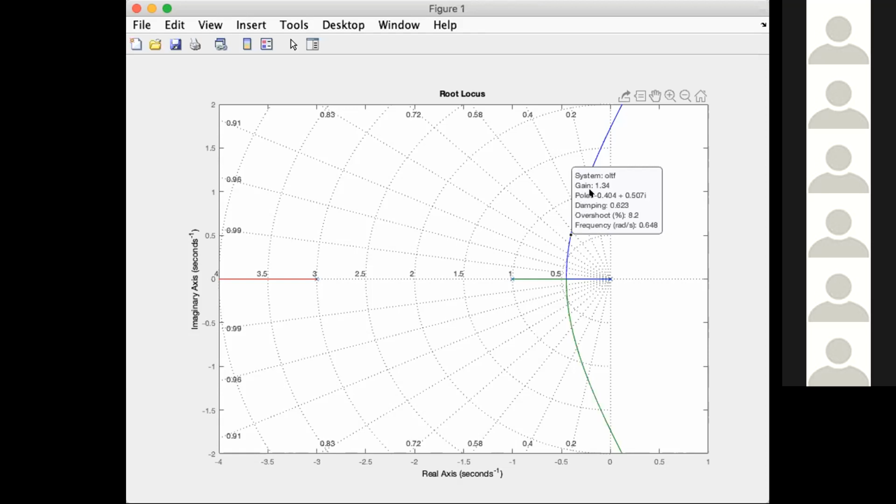Currently you see that the pole is minus 0.404 plus j 0.507. So you have to scan this so that this 0.404 becomes 0, only imaginary values. Can you see that? Yes.